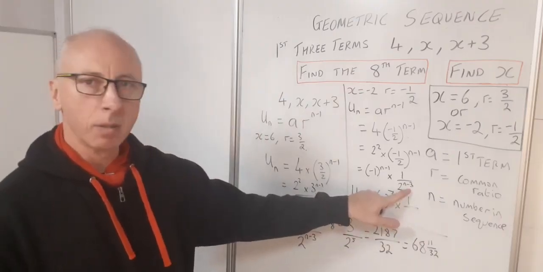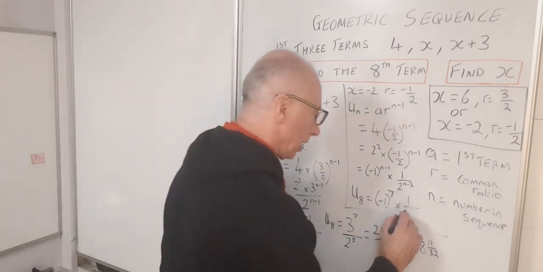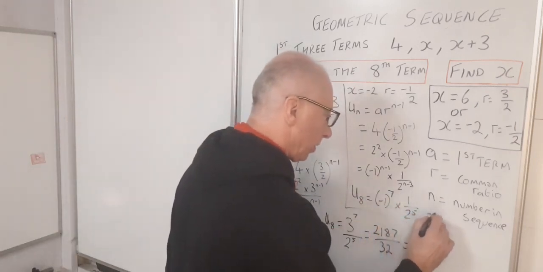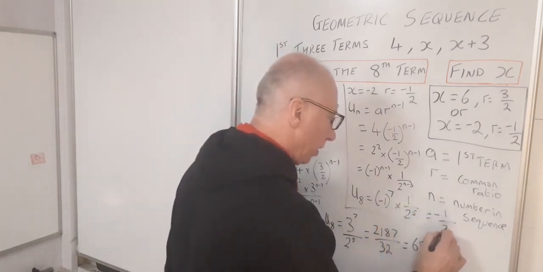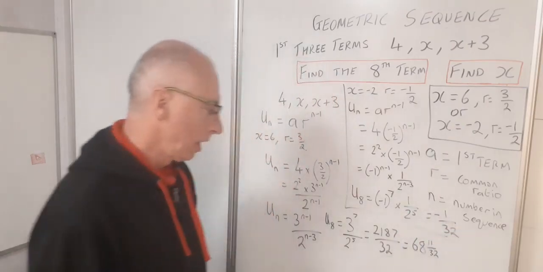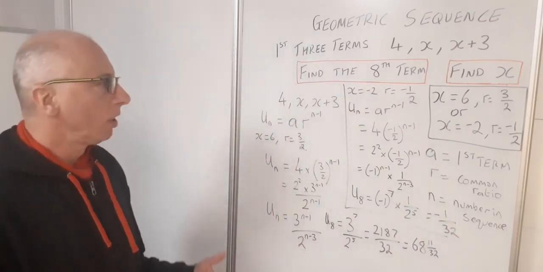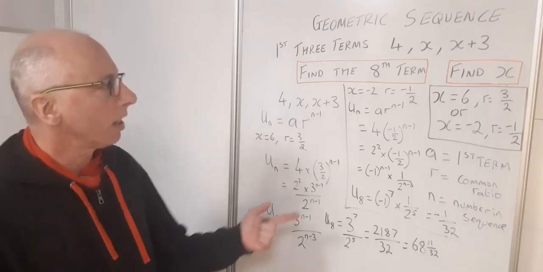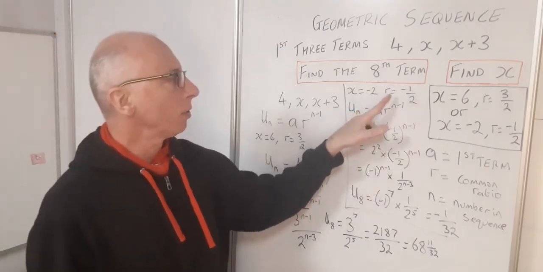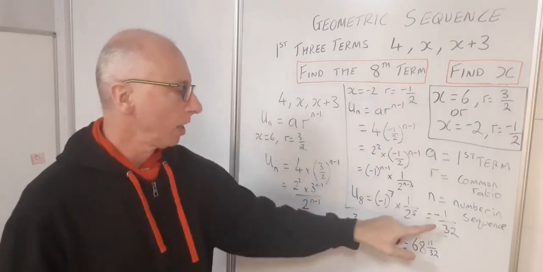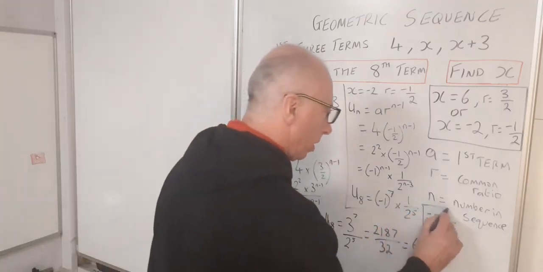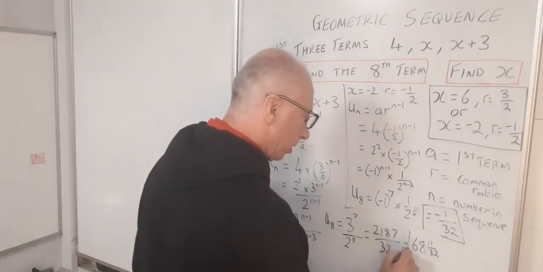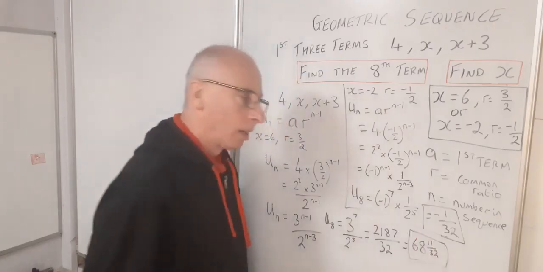Well, n is going to be 8, so that's 2 to the power of 5. So that's going to give us -1 over 32. And that will give us our result for our sequence here when x equals -2 and the ratio equals -1/2. So that's our two answers for our 8th terms.